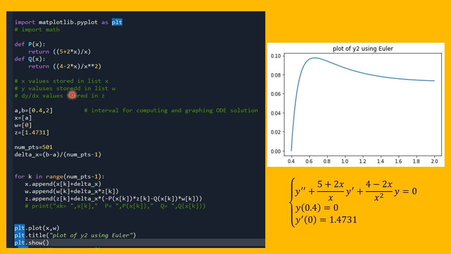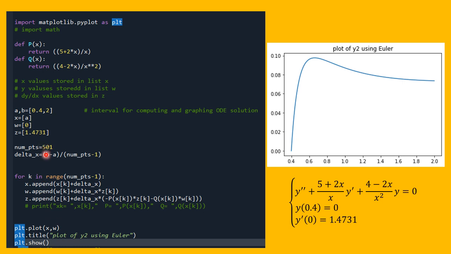We're going to plot that on the interval AB, which goes from 0.4 to 2. We'll start with an x value of A, which is 0.4, W, which is the same as y of 0.4, is going to be 0, Z, which is y prime of 0.4, is 1.4731.